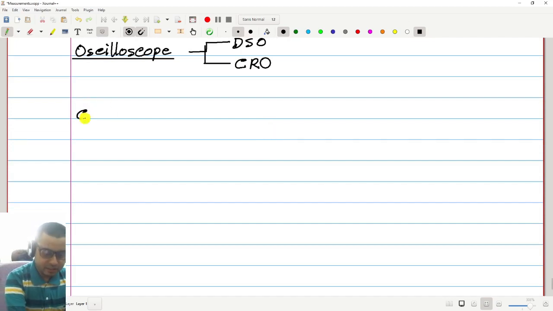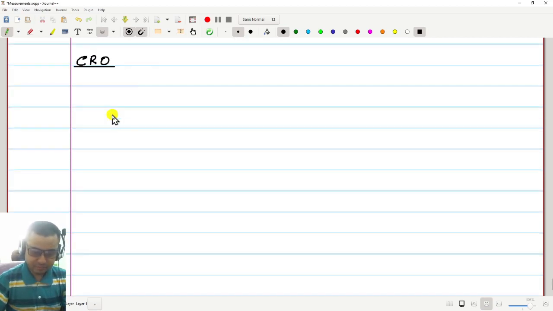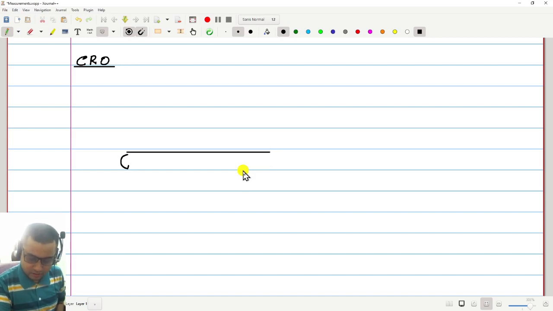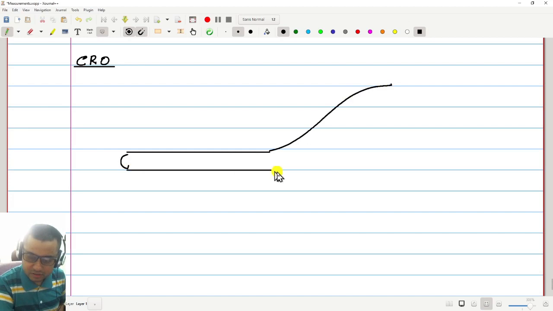Let me begin with the CRO first, cathode ray oscilloscope. What is it? Let me draw it. It is basically a vacuum tube, a glass chamber.